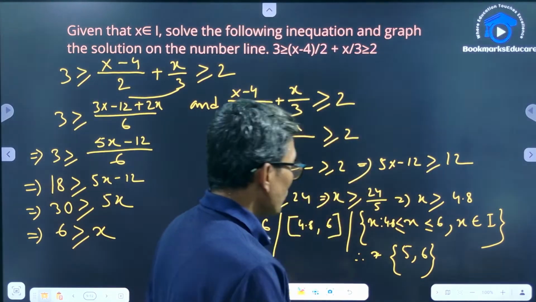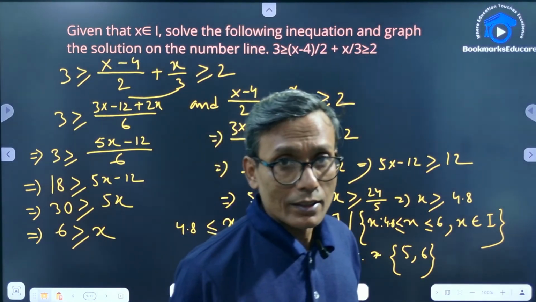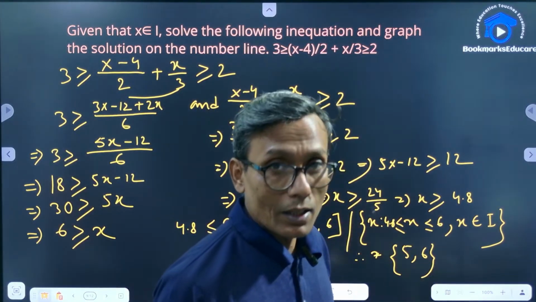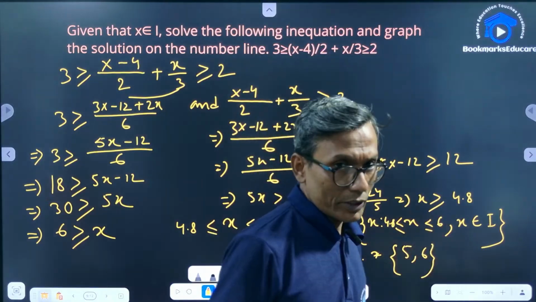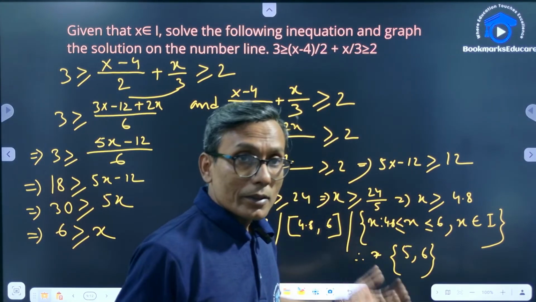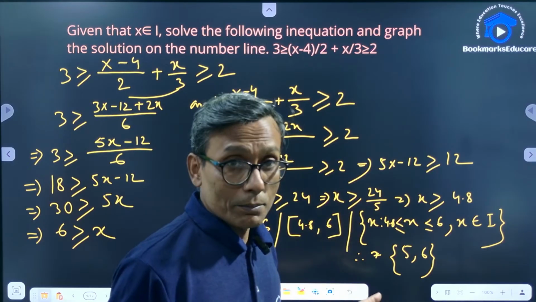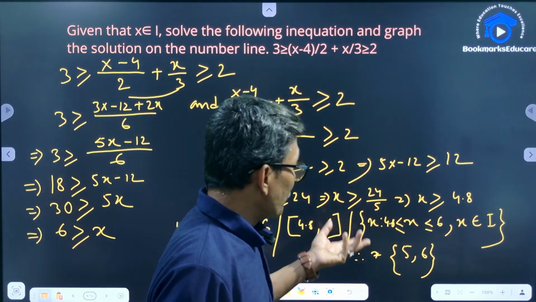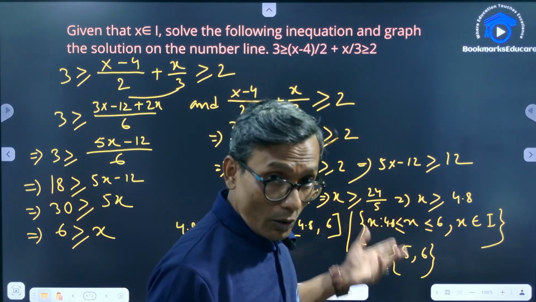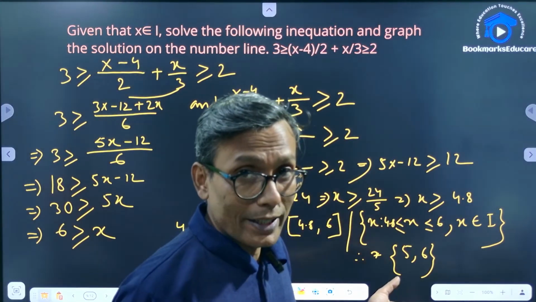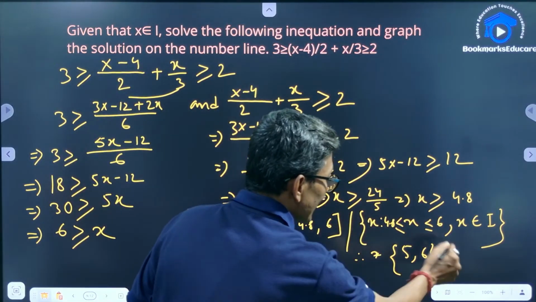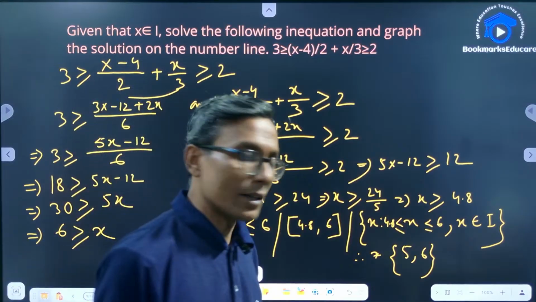Okay, 4.8 is not an integer because it is a decimal number, and 6 is an integer. The nearest integer greater than 4.8 is 5, so 5, 6 is the solution. Clear?